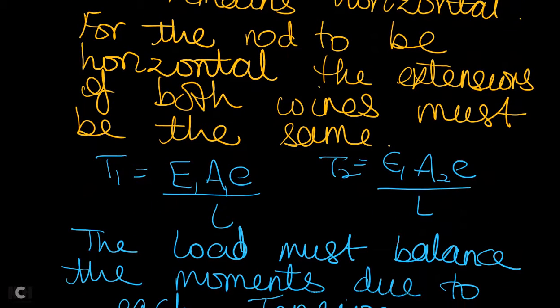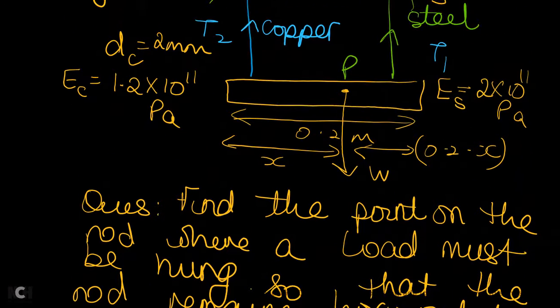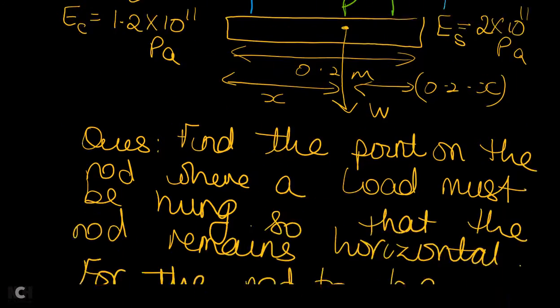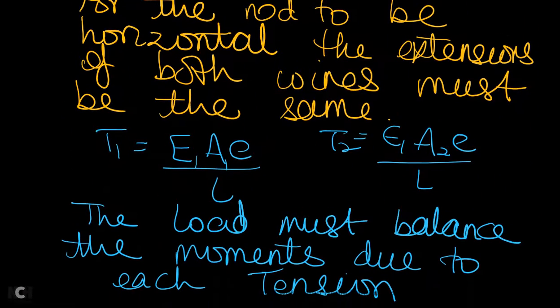So if you have a tensional force being applied, then if you go back to the diagram, T1 and T2, you're going to get expressions for them, and you're going to use the principle of moments. All right, so when we talk about the rod to be horizontal, then you want the extensions from both wires to be the same.